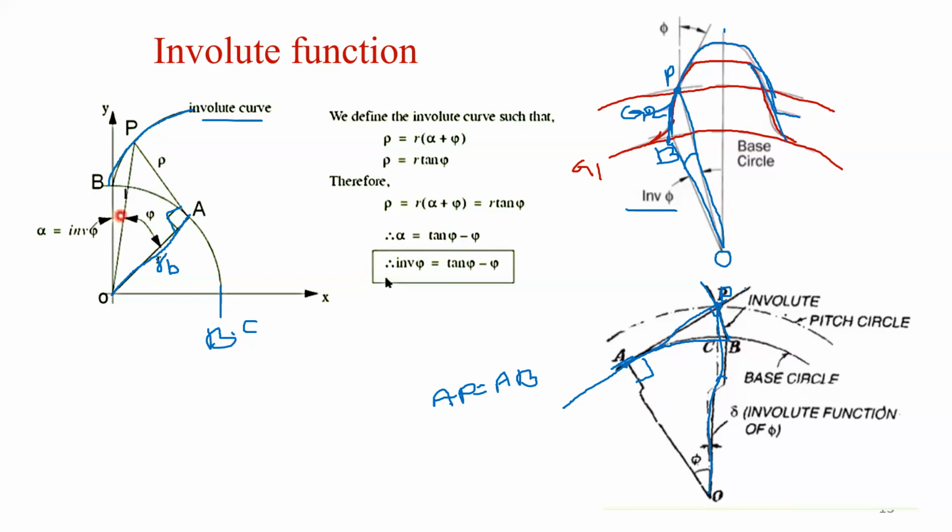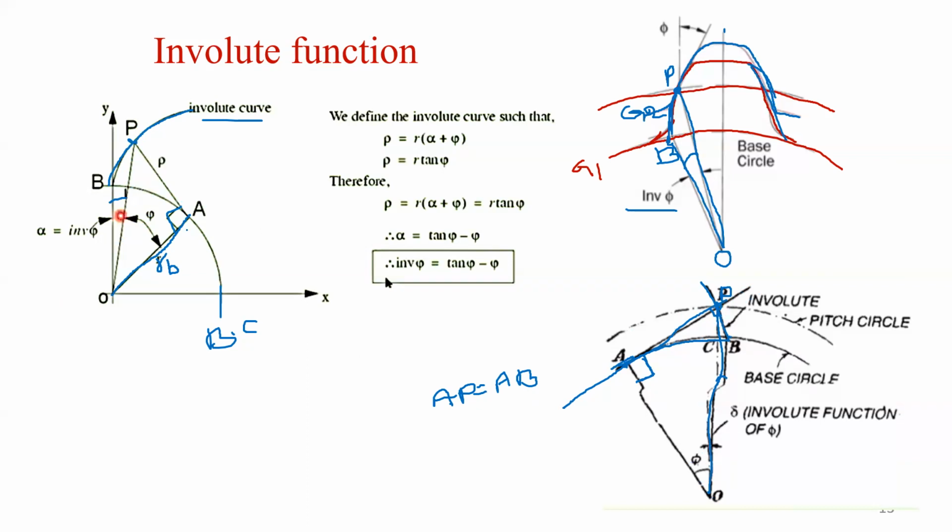If you draw a line onto the involute, we will get the point P as per this figure. Then if you join P and O, this forms the pressure angle phi, and this forms the involute function.